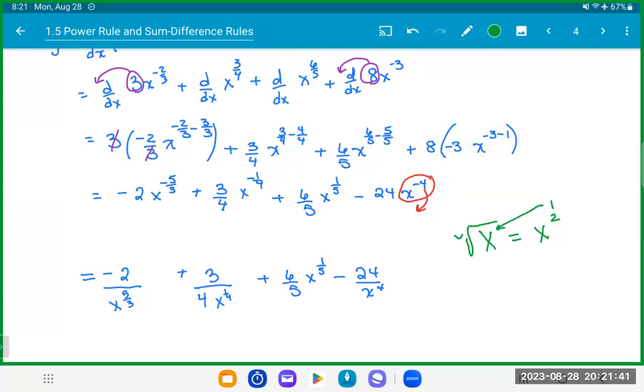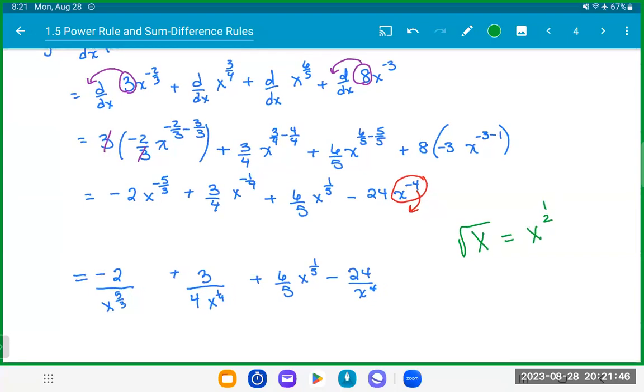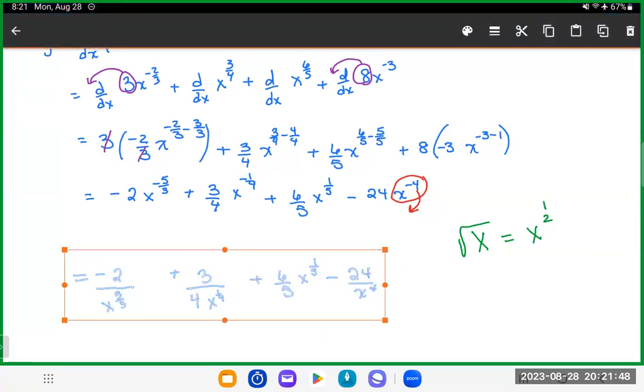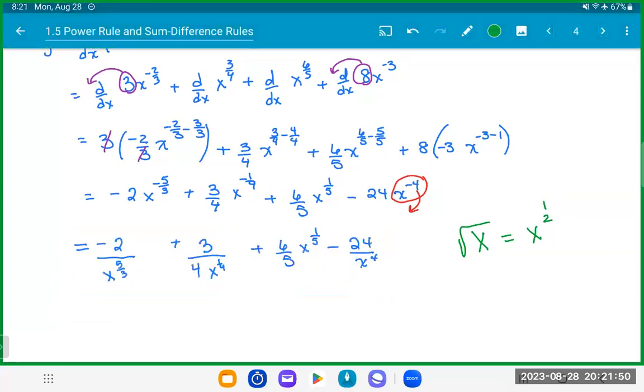So it's even more proper to say this would be negative 2 over, the top one is the value with the x, so we have x to the 5 over the cubed root.